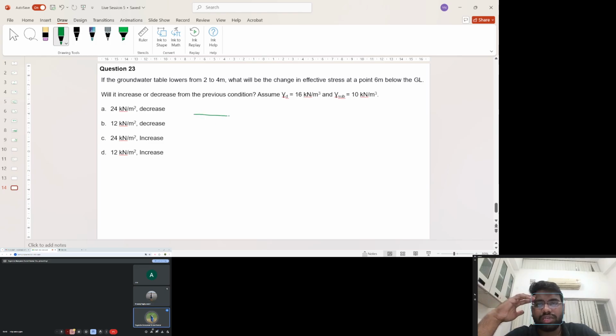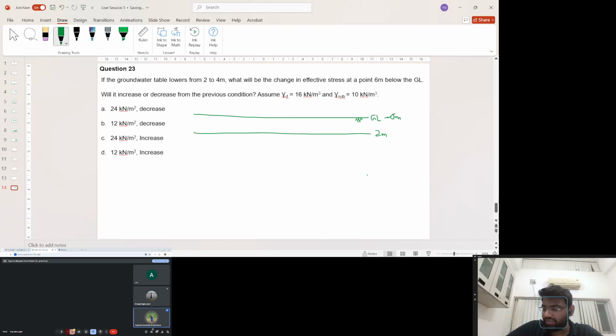Now let us draw the diagram here. This is the ground level, and initially the water table is at 2 meters. Let us consider this as the reference. At 2 meters there is a groundwater table, and the gamma dry is 16 kilonewton per meter cube.